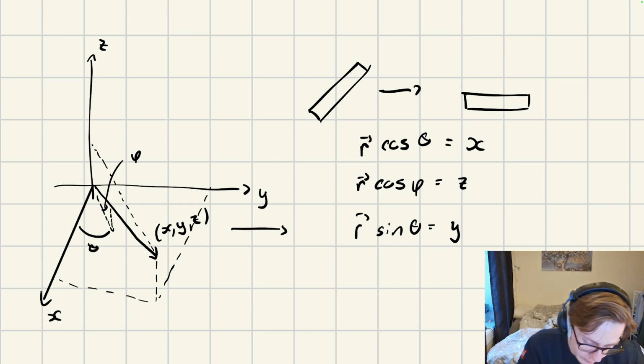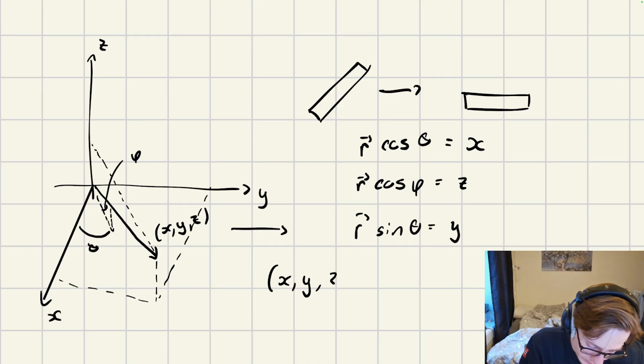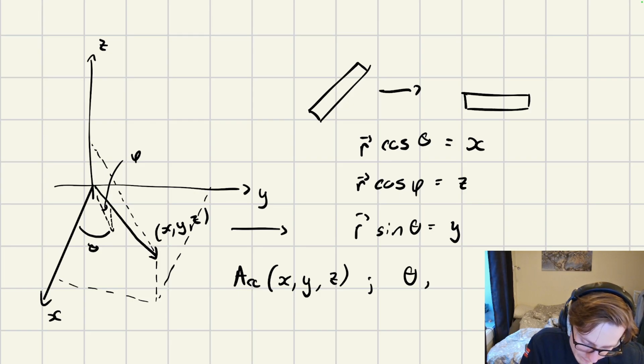Okay, so we'll basically have an x component, y component, and a z component in our acceleration. We will have some theta and some phi.